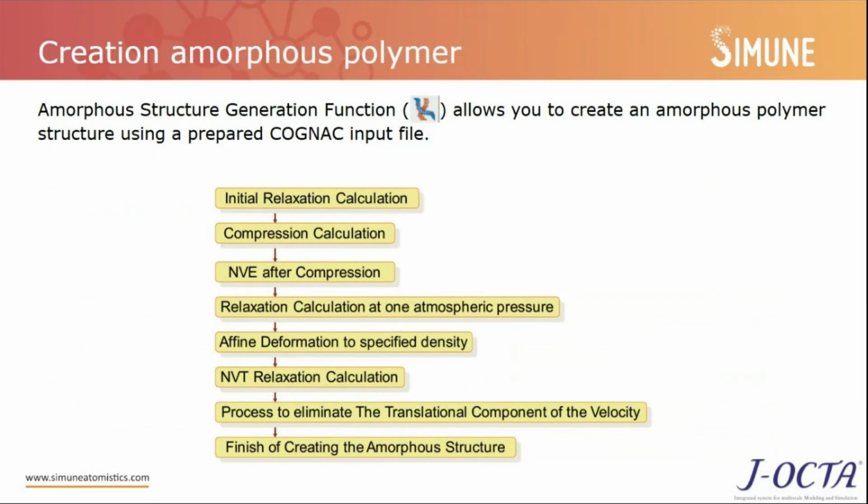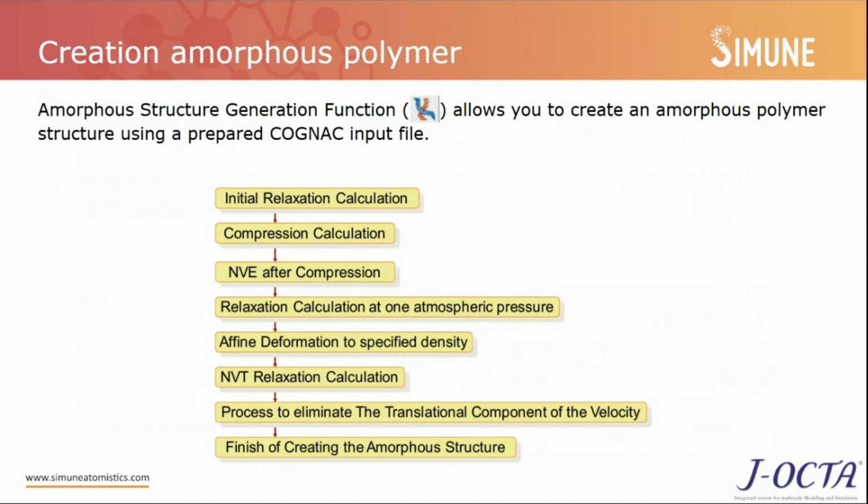Once I created my input file, my potentials, and my input file for my coarse grain polymer, the next thing I'm going to show you is how to create an amorphous structure out of it. J-OCTA has an amazing function which creates the structure for you. It performs several calculations, and the user is completely free, as you will see, to change any settings.